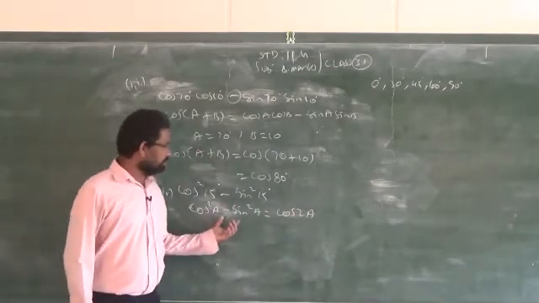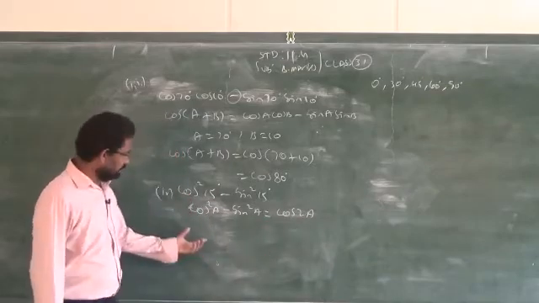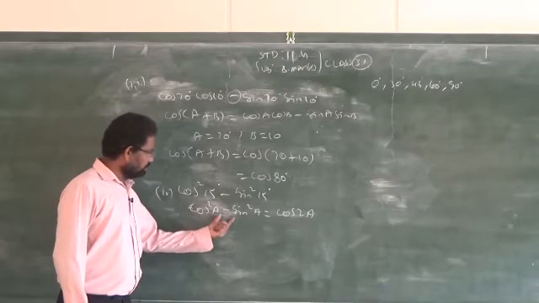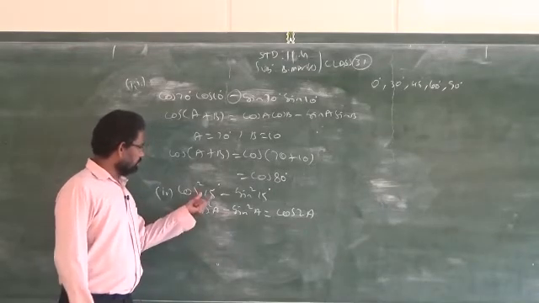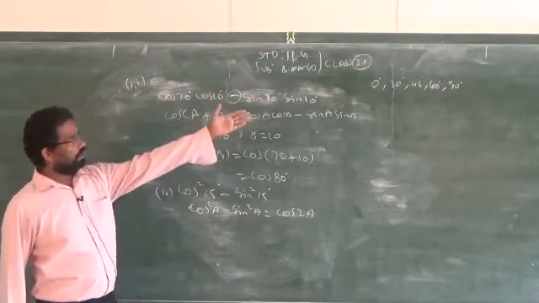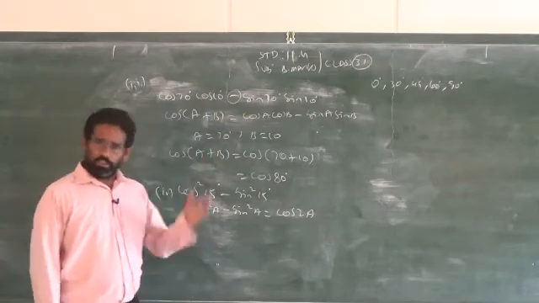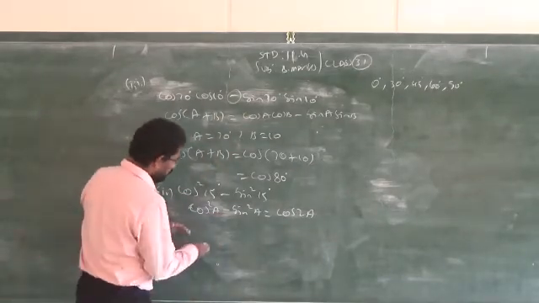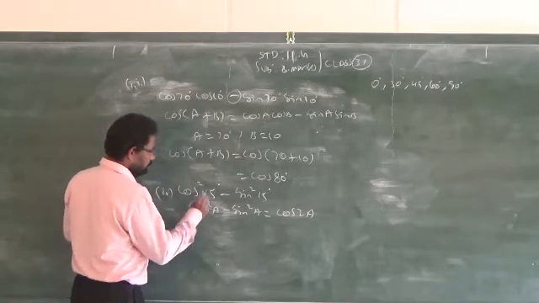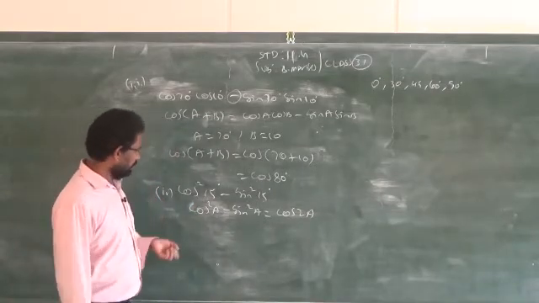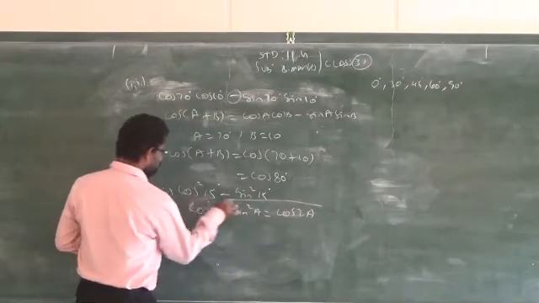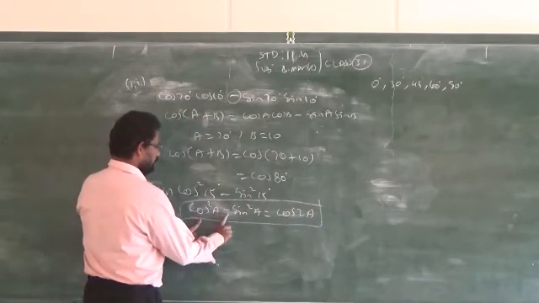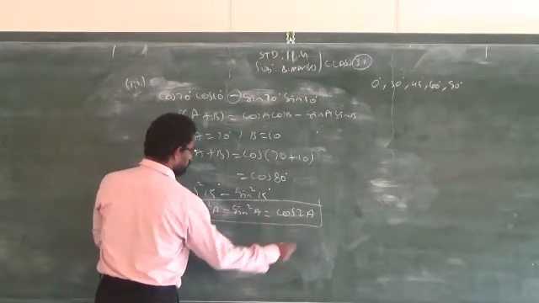Either you can use the formula straight away, or, as I explained just now, you can replace it in terms of a square minus b square, separating 15 degree as 45 minus 30 degree, finding the answer and substituting, but that is a longer process. To save time, please use the standard formula: cos square A minus sin square A is equal to cos 2A.